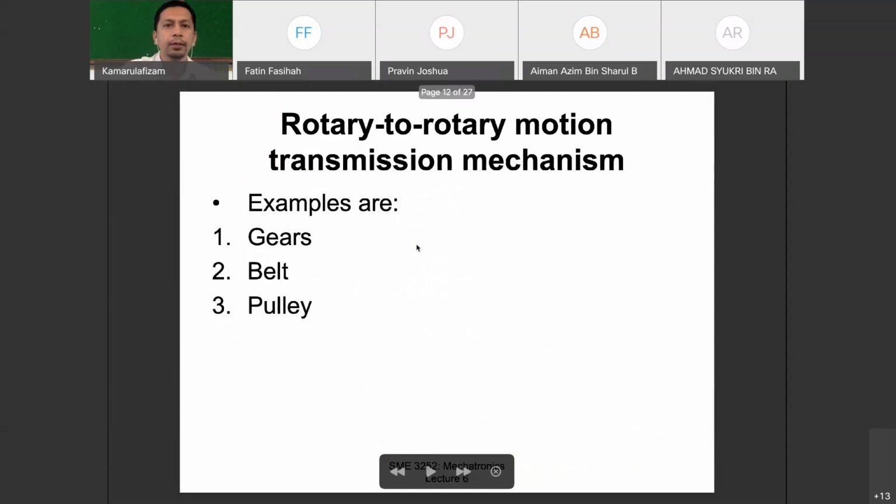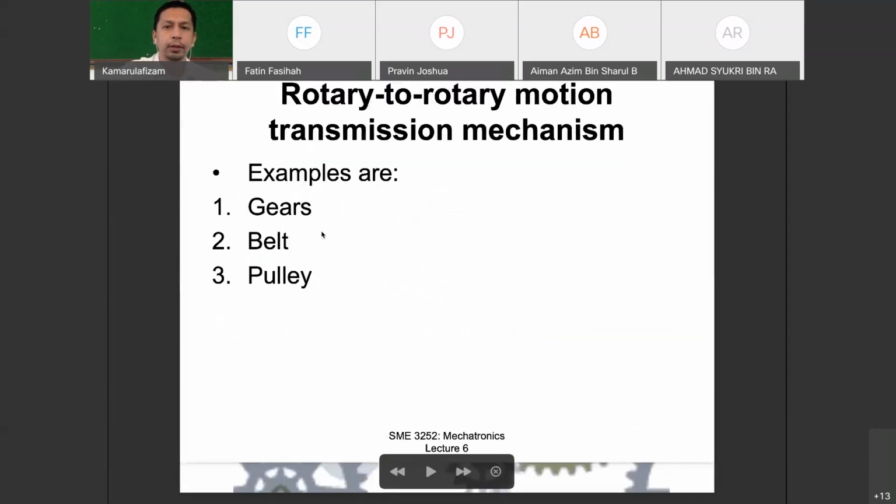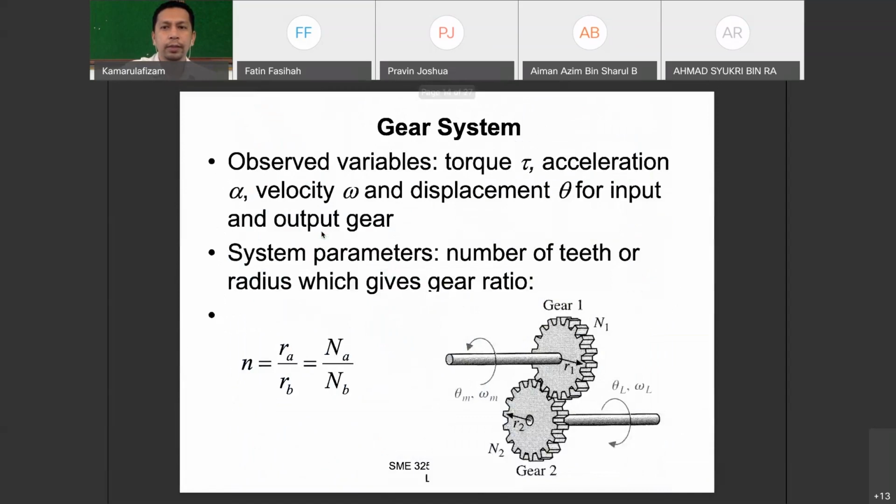Okay. So a rotary to rotary motion mechanism, for example gear, belt and pulley. So this is basically the basics of gear. In the basics of gear, you have torque, acceleration alpha, velocity omega, and displacement for the input and output of the gear. The system parameters are the number of teeth of the gear and the radius, which basically give the gear ratio.